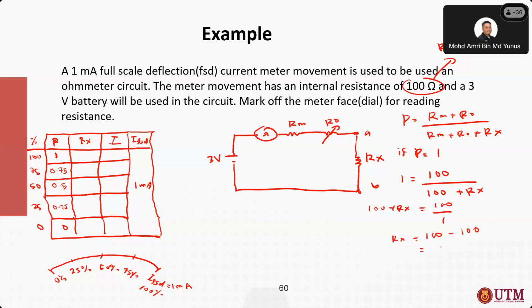So that means it is 0 ohm, right? If P is equivalent to 1, we know that when full scale deflection, that means A and B are as if shorted, a short circuit. So RX will be 0 ohm.